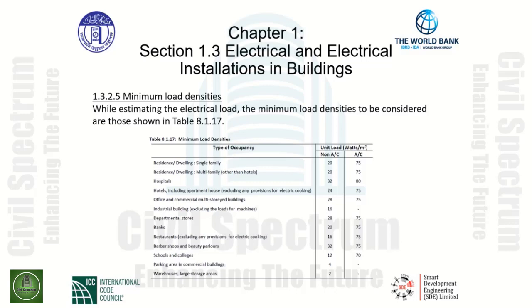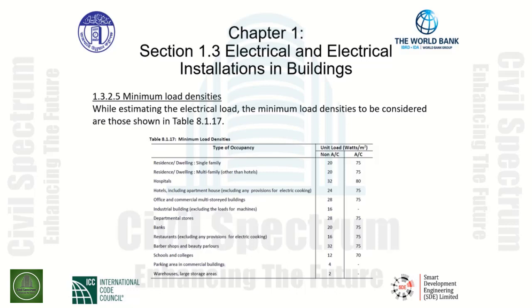Minimum load densities are given in section 1.3.2.5. While estimating the electrical load, the minimum load densities to be considered are those shown in Table 8.1.17. This table gives us the type of occupancy and the unit load in watts per square meter. We have two columns, non-AC and AC.